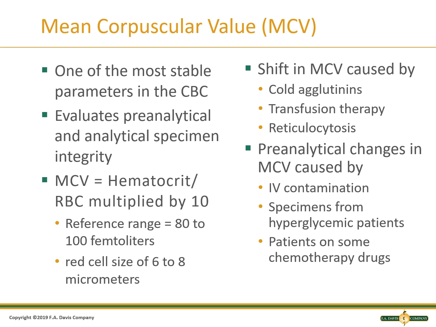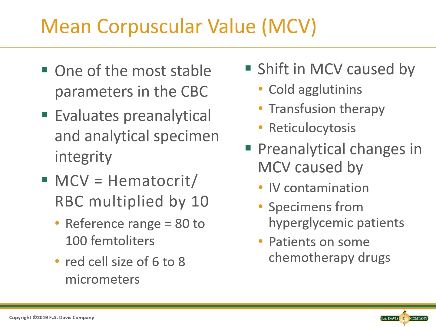If you have any type of shift in the MCV, it's usually caused by cold agglutinins, transfusion therapy, or reticulocytosis. Pre-analytical changes in the MCV can be caused by IV contamination, meaning that you have a patient on the floor, the blood has been drawn, and they did not properly obtain that specimen, and so the IV fluids have mixed and contaminated the specimen.